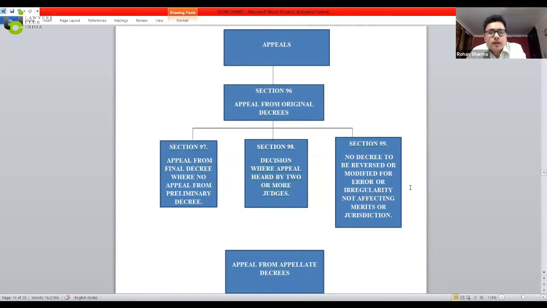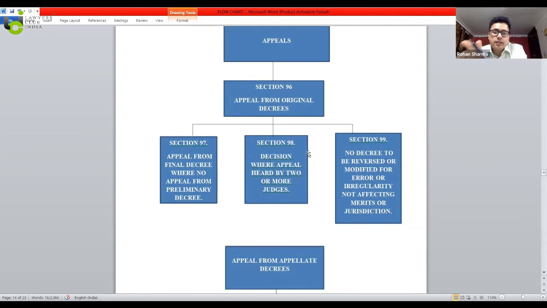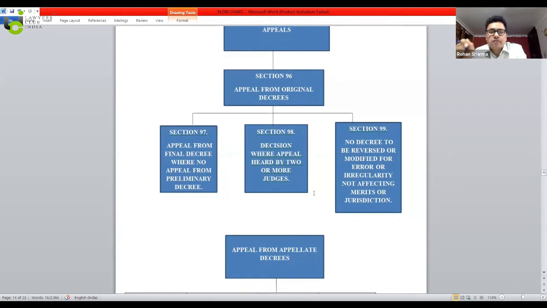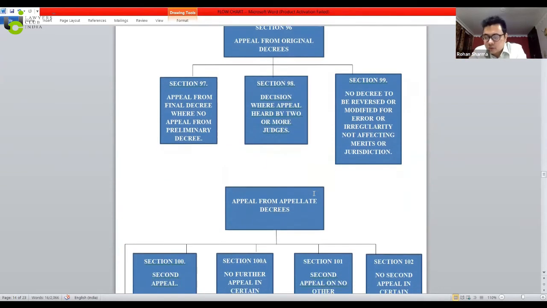It can be an error related to format, which does not directly deal with the merits of the case, or does not directly affect the jurisdiction of the court which was dealing with the issue. In case there is any such error, only on the basis of that specific error, the court will not be reversing or modifying the decree which has been passed by a lower court.